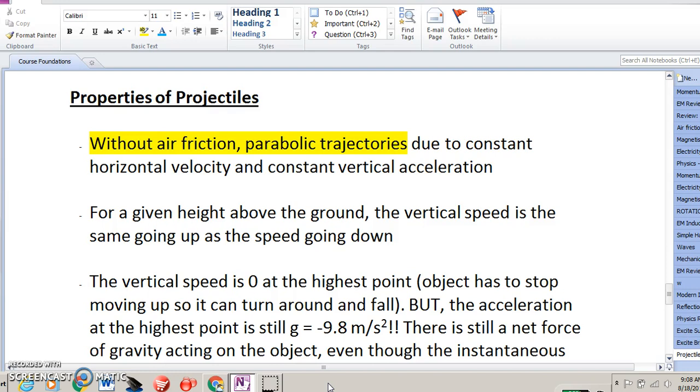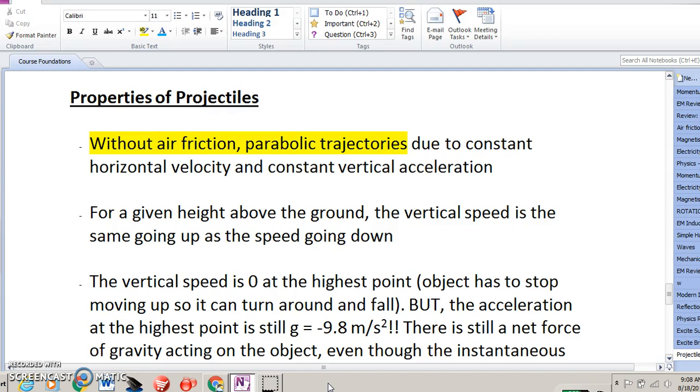We're already pretty familiar with the fact that projectiles, balls that you kick or throw, when they fly through the air, they go in that curved arch. Without air friction, that would be a parabola. Now, the reason for the parabola is the fact that you have two different motions.